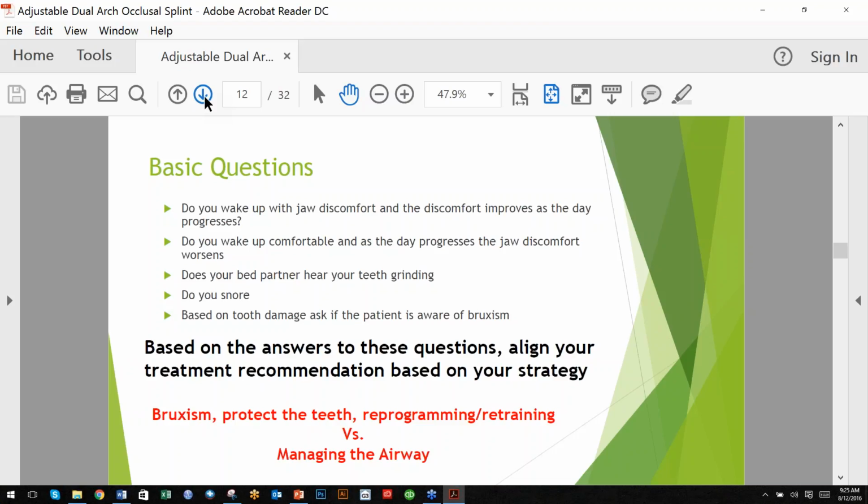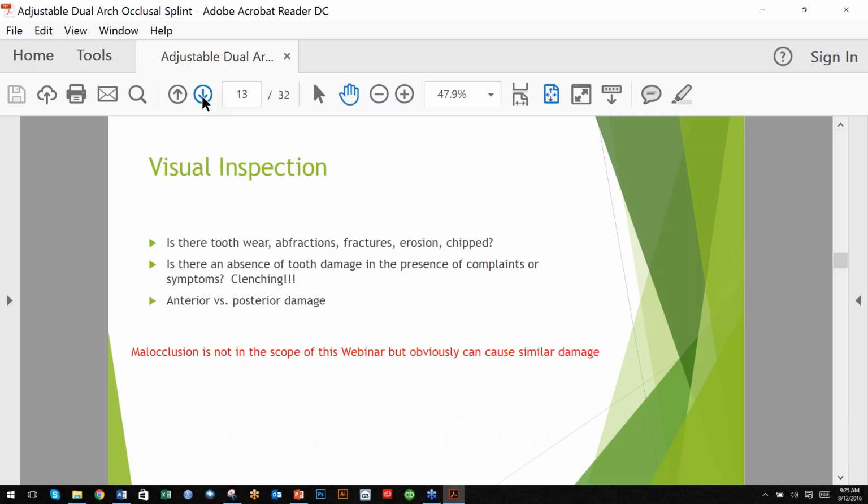Okay. So based on these questions, align your treatment strategy on what you're going to do. And then again, are you going to tackle bruxism in that broad category and then refer out if you suspect or learn that they have an airway issue? Or are you going to incorporate managing the airway into your practice? All right.